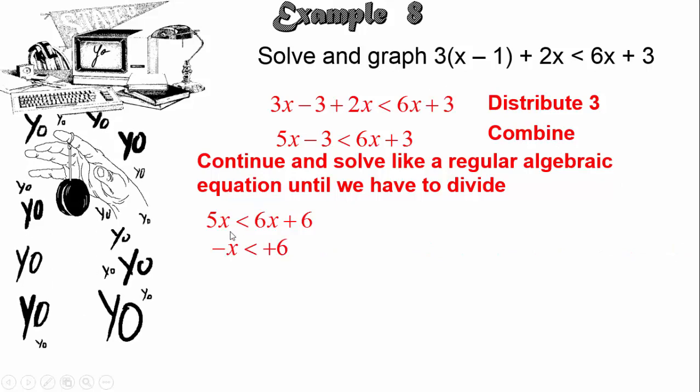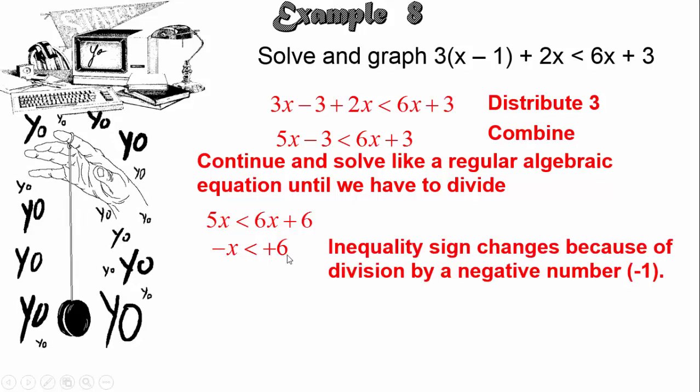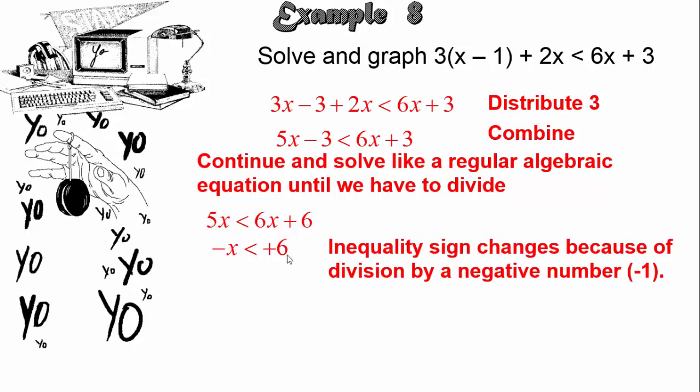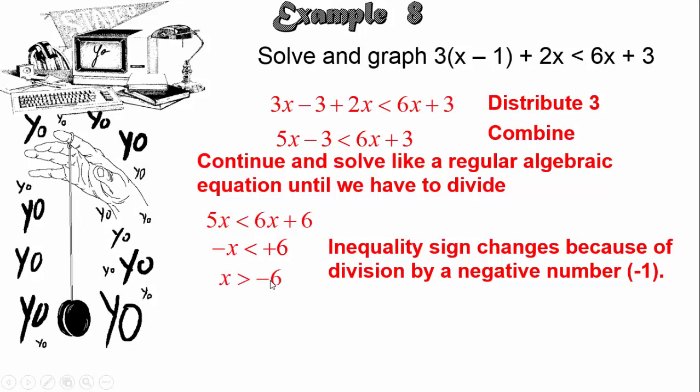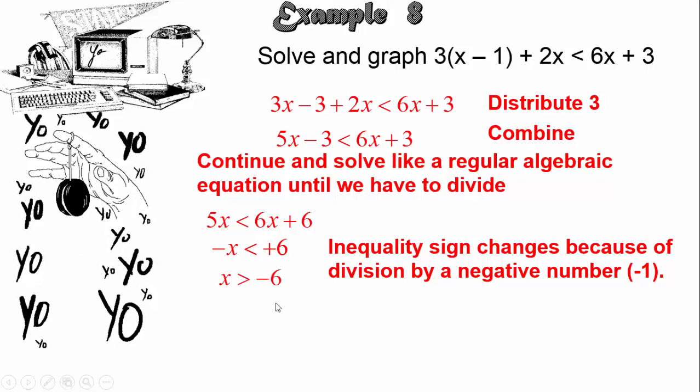And here we have the situation where negative x is less than positive 6. The inequality sign changes because of division by the negative number, in this case, negative 1. So x is greater than negative 6.